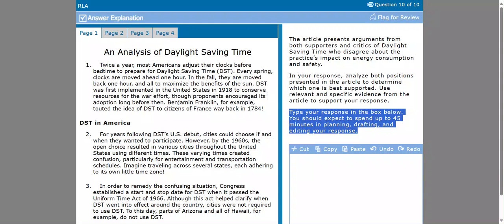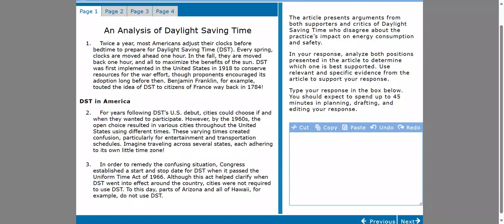And so now, writers, I am pausing here because now we're going to actually read the article. So let's take a look at analysis of daylight saving time, and we'll look at paragraph 1. Here we go. Twice a year, most Americans adjust their clocks before bedtime to prepare for daylight saving time, or DST. Every spring, clocks are moved ahead 1 hour.